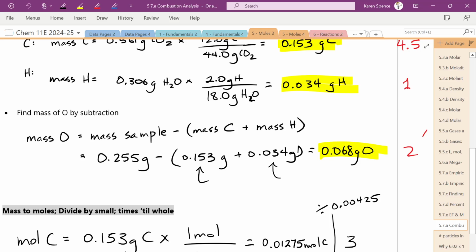It's just like doing the whole thing to the compounds in a chemical reaction. And then after that, we get to atoms and bonding.